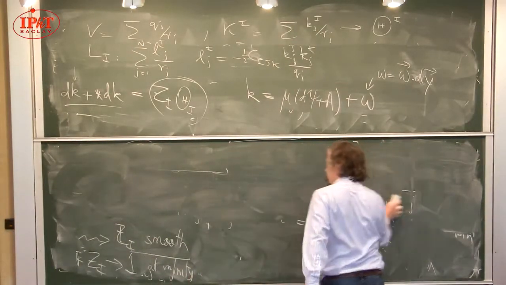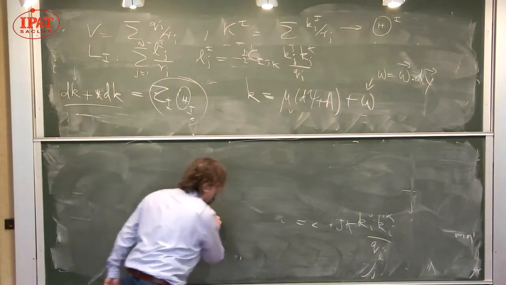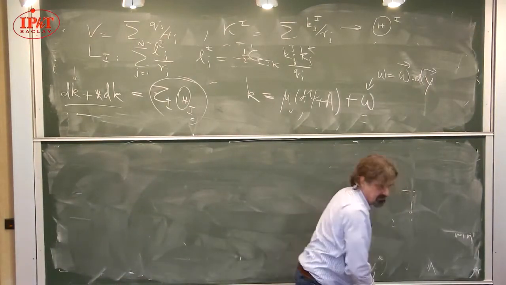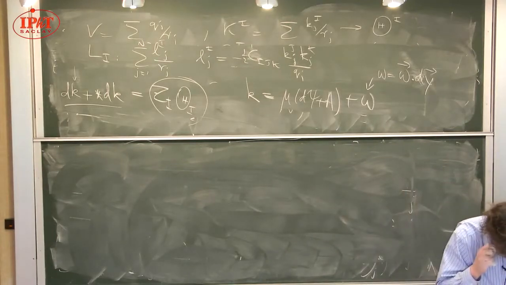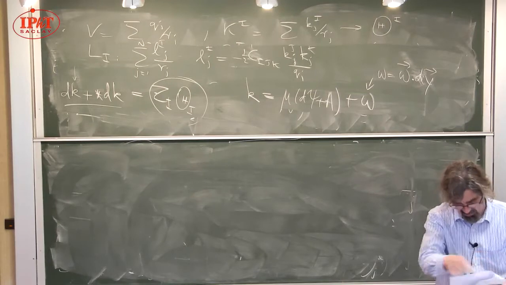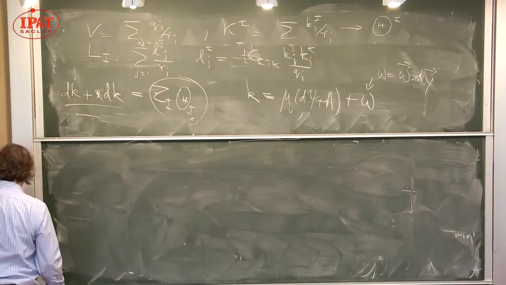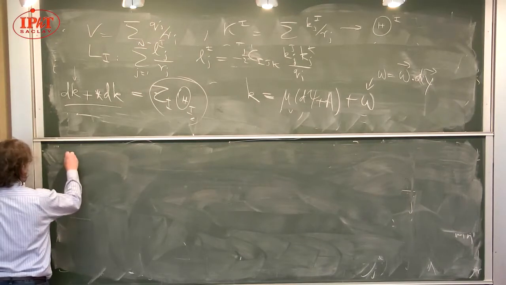So let me actually write down what you get. Cheat a little bit. I never remember this part. So what actually happens is that you find that you can write it the following way.